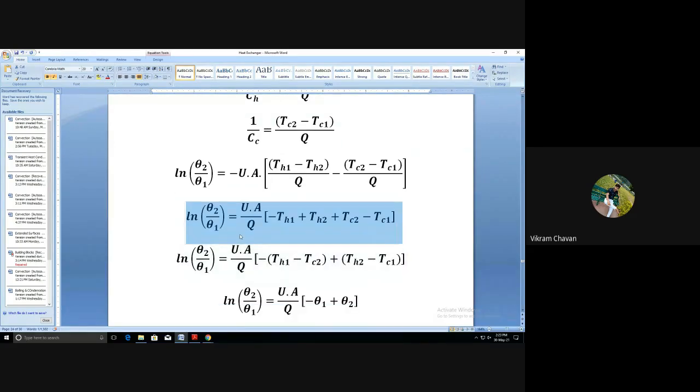We have to combine the terms in one bracket so that we get theta 1 and theta 2. In case of a counter flow heat exchanger, theta 1 is nothing but Th1 minus Tc2, and theta 2 is nothing but Th2 minus Tc1.